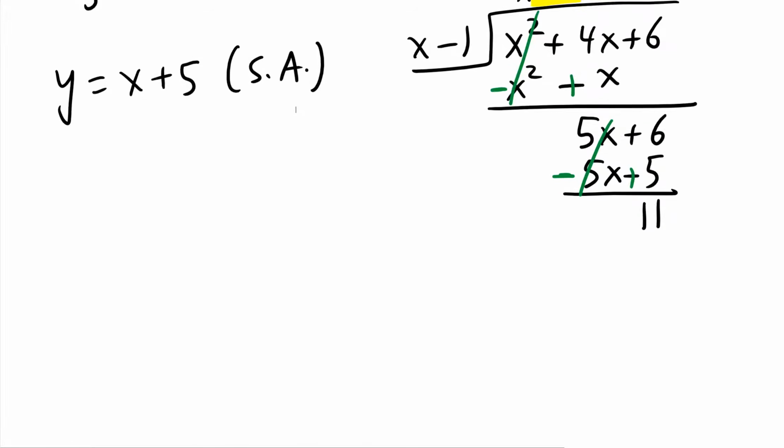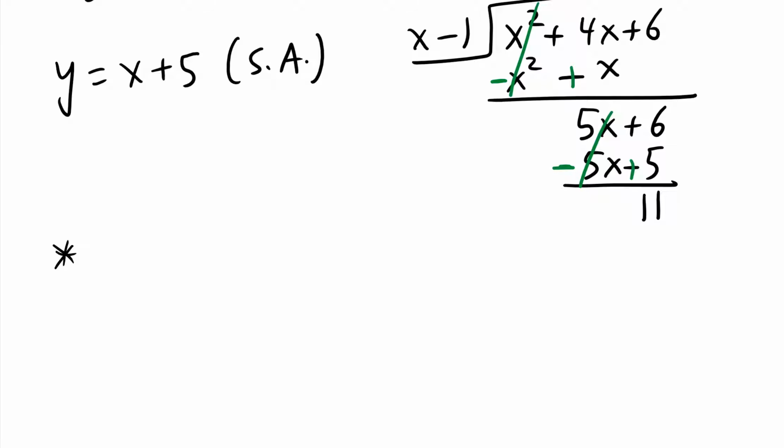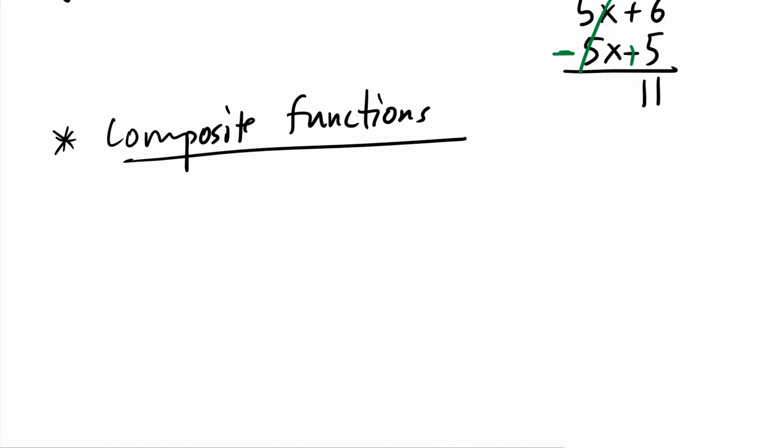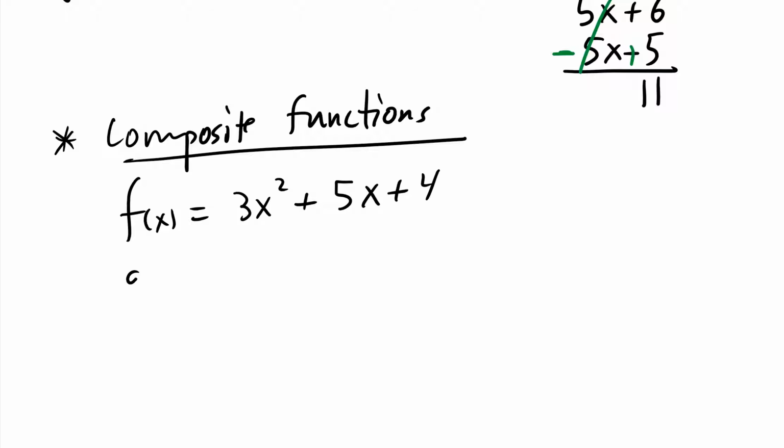We review now the composite functions. Composite functions, they give you two functions usually. Let's say f of x is 3x squared plus 5x plus 4, and g of x is negative x plus 1.